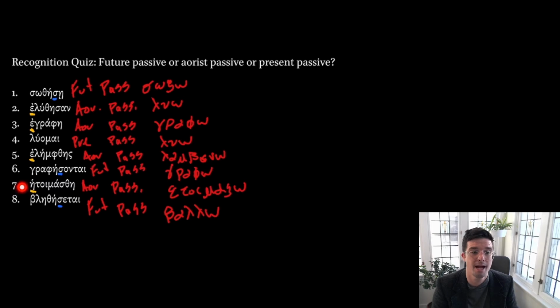Etoimasthe is going to be an aorist passive. This one might have been a little bit tricky because it's from hetoimazo, but the epsilon of hetoimazo has changed. So we have an eta here at the beginning. So this is actually an augment, but it's a different form of an augment, namely the vowel lengthening.